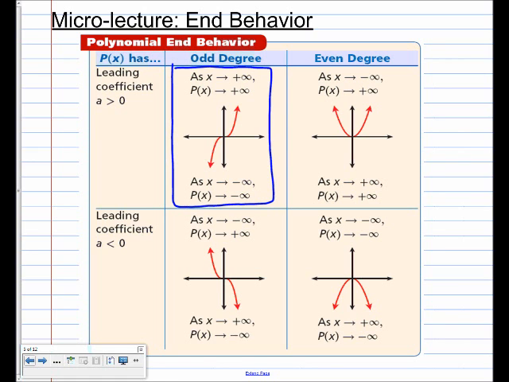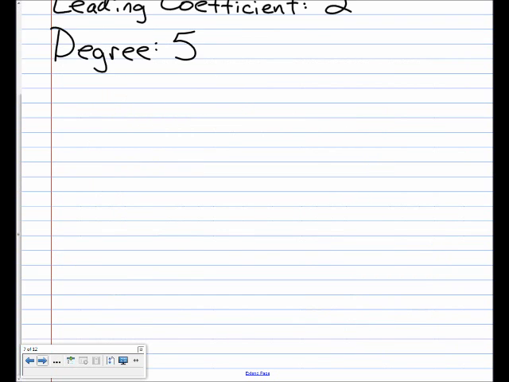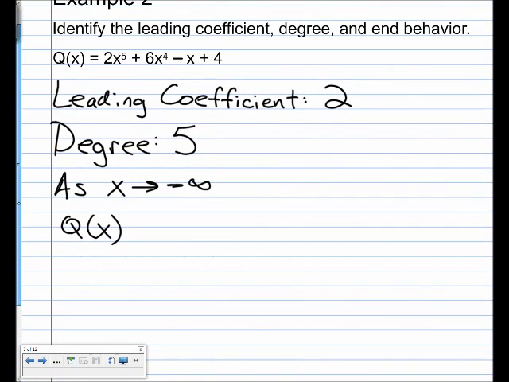Okay? All right. So as we move to the left in your x direction, so as x approaches negative infinity, where is my function going? It's going down. So I'm going to write q of x. You may be wondering why I didn't write p of x. Take a look at the problem. Do you see how it says q of x?